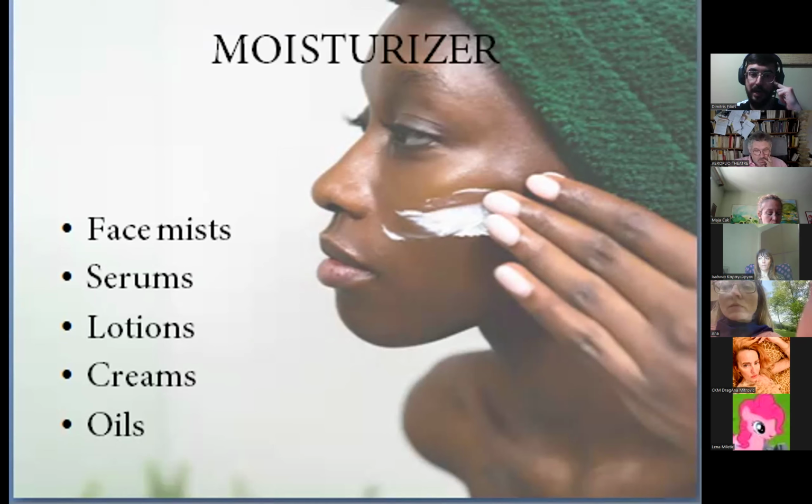Such examples are day creams that can be used as a base under your makeup. But night creams are designed to give your skin an extra dose of moisture while you sleep. So I think that both are essential for preparing a face.